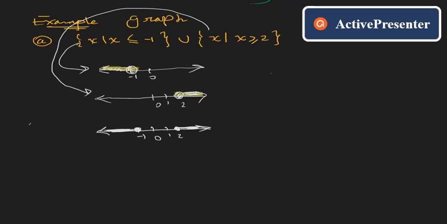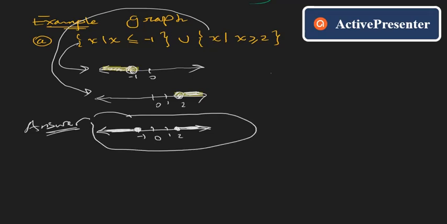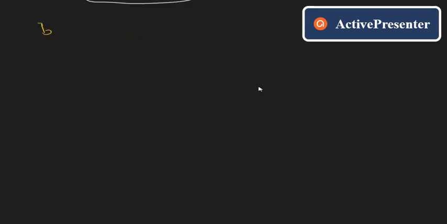This is our answer. You can represent it in interval notation as from negative infinity to minus 1 closed, union 2 closed to infinity.